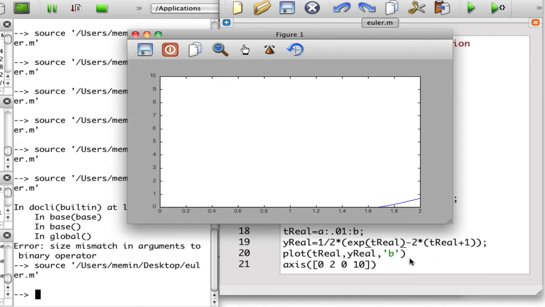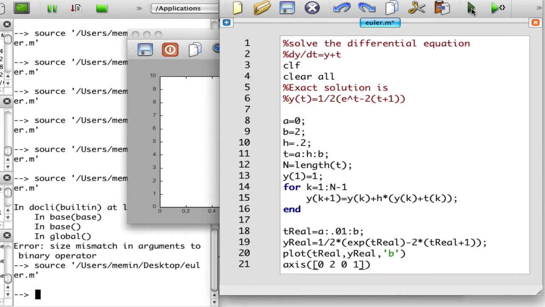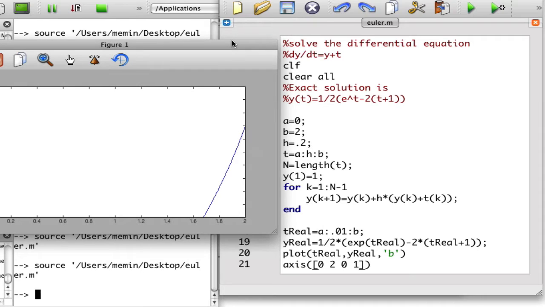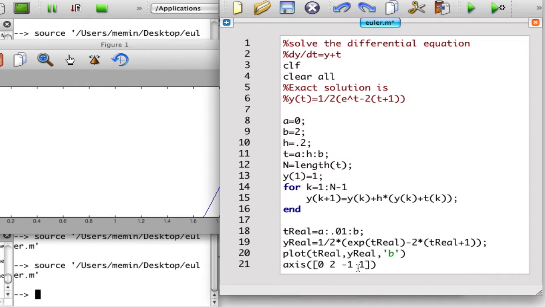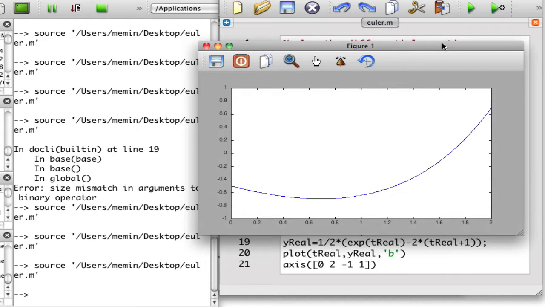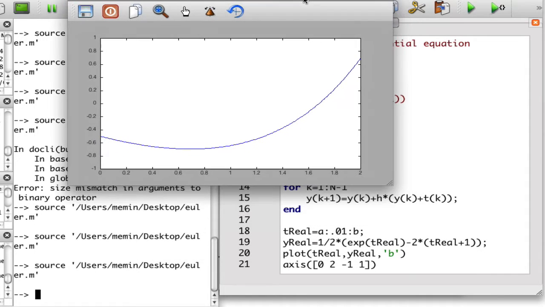All right, so let me change this to 0 to 2, 0 to 1. Okay, there we go. Wouldn't it have just said that t was undefined? Wouldn't it give you that error? What? Huh. All right, so this is the solution. From 0 to 2, my initial condition is at 1/2. Yes? Okay. So this is my real solution.